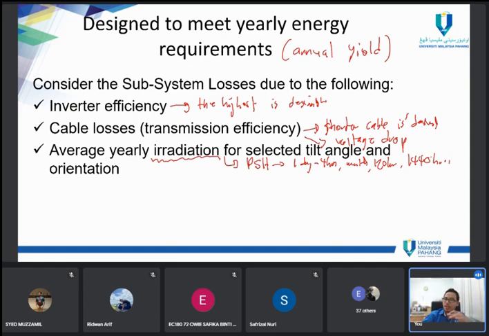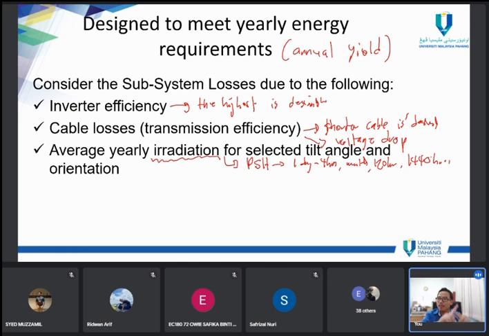But the real one can become 1,500, 1,700. This kind of data we can get; if you use the PVC's one, you can get interpolated data. They have the interpolated data, so you can get how many peak sun hours per year on that specific location. The more irradiation you get, the more energy we will generate. That's logic. Other than shading, we are not talking about shading yet, but shading also comes into the irradiation.